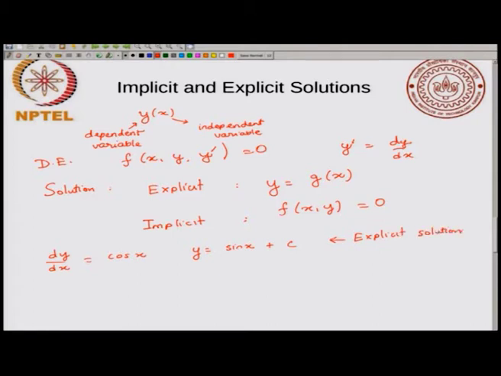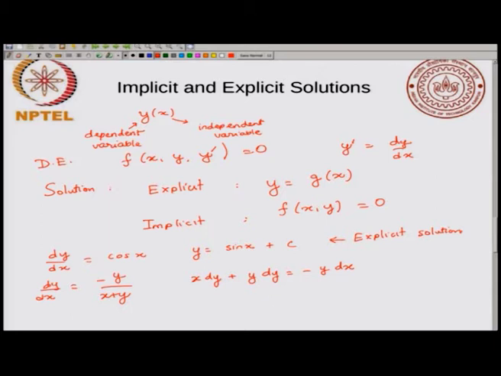On the other hand, if you have something like dy by dx is equal to minus y divided by x plus y, multiply it out, you will write x times dy plus y times dy is equal to minus y times dx, and you can write the solution by bringing this dx to the left.